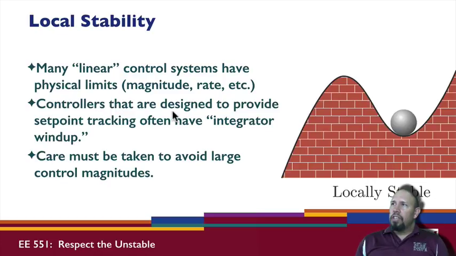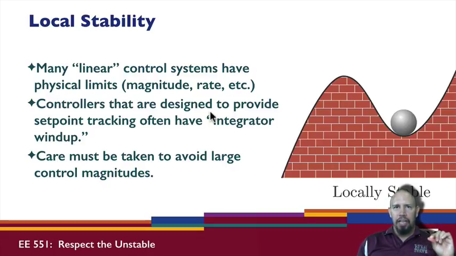Controllers are often designed to provide set point tracking. That's the most common type of controller that's used, and such controllers often use an integrator to provide that kind of tracking. For example, a PID controller, proportional integral derivative. The integral is what allows the tracking to keep the error between the set point and the actual output small.